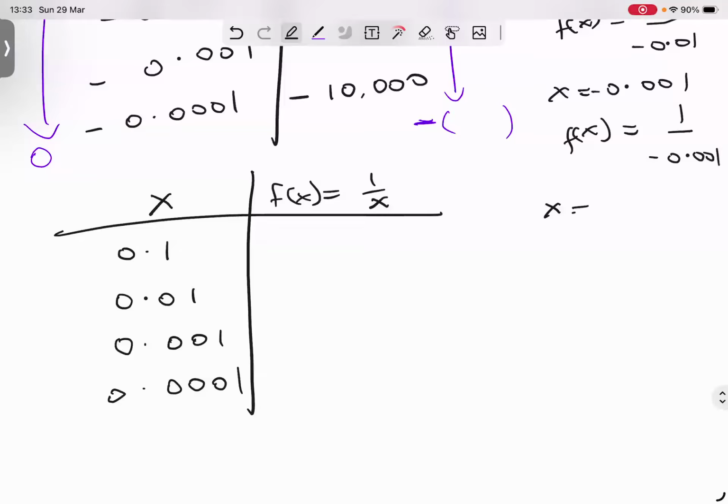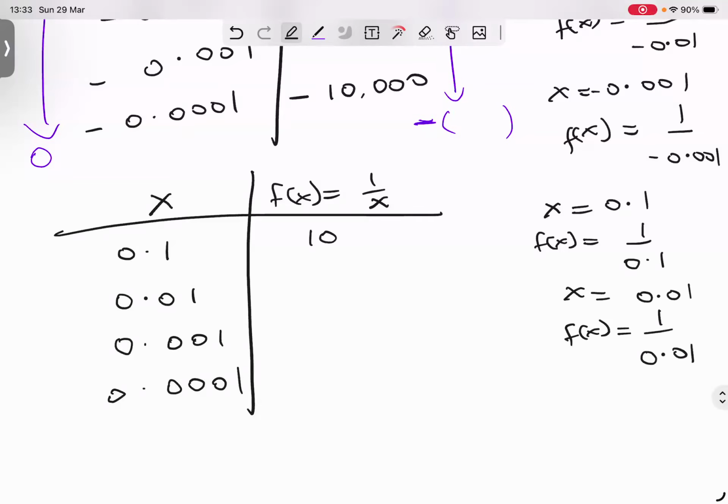So when x is equal to 0.1, our f of x is equal to 1 over 0.1. 1 over 0.1, that is equal to 10. Then when x is equal to 0.01, our f of x is equal to 1 over 0.01, and that will be 100.